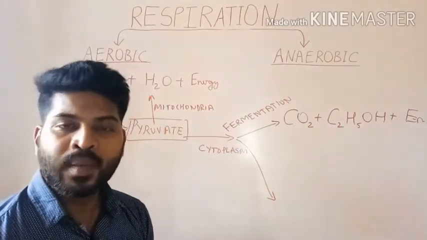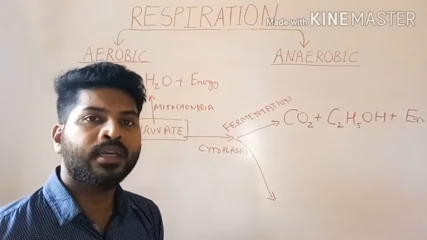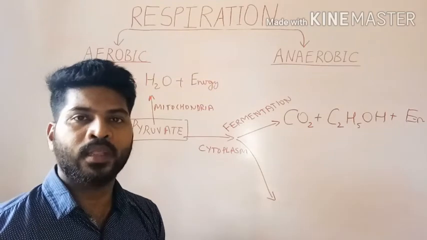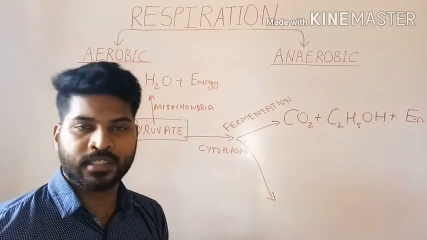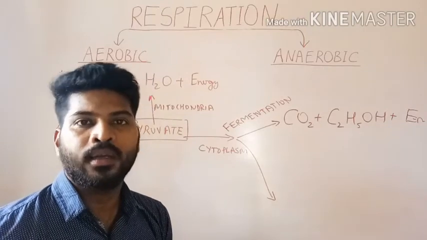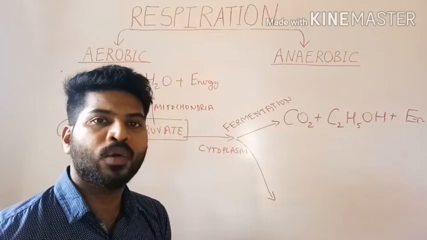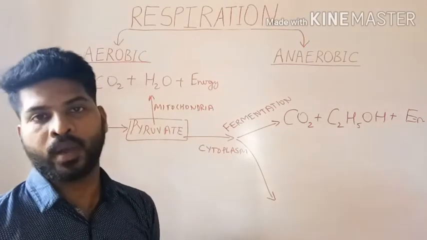Then sometimes in our human body itself, under strenuous conditions, when we are doing heavy exercise, the cells require more energy. So for the cells to produce more energy, more oxygen is required.